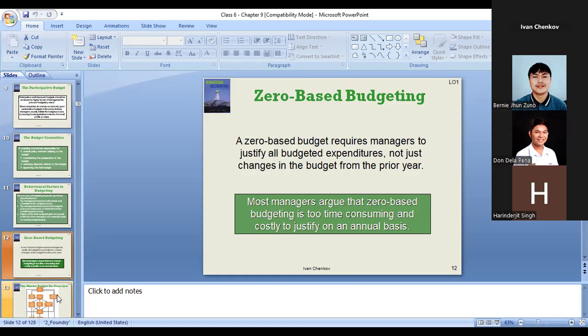So for that reason, we're going to stay with this rolling budget, or if we have to prepare a brand new budget, we're going to stick with the past results, and we're just going to adjust for the different types of increases that we already know may happen.